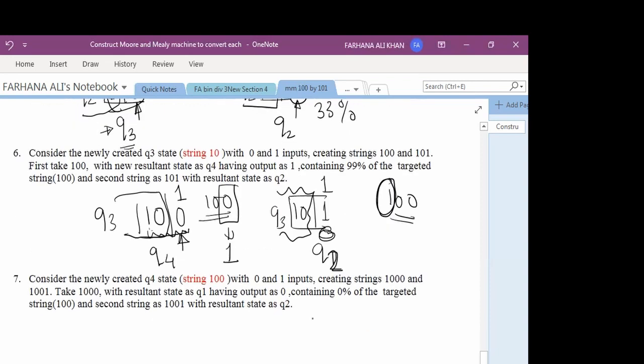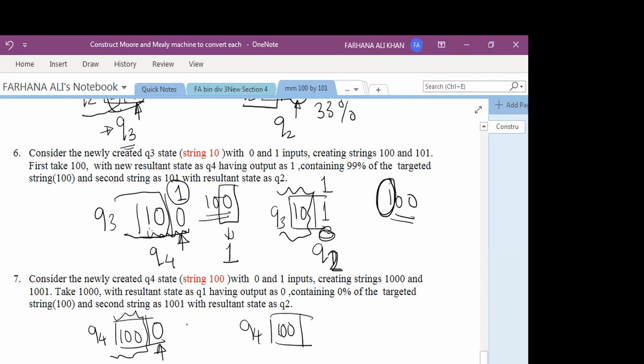Now I will consider the newly created state, that is Q4. What was Q4? Q4 was your targeted string and whose output was 1. How many times do we have to consider Q4? As we have two binary numbers, 0 and 1, we have to consider it twice. One with the input symbol 0: with input symbol 0, we consider the last bit, which contains only 0.